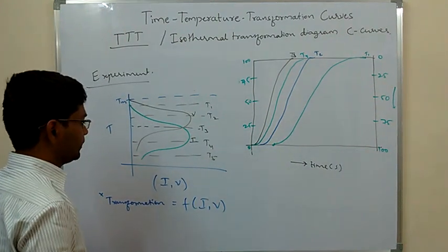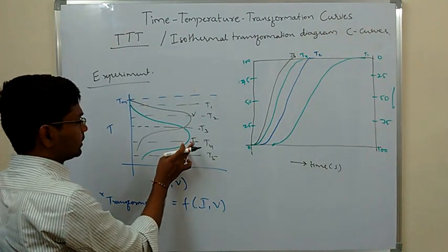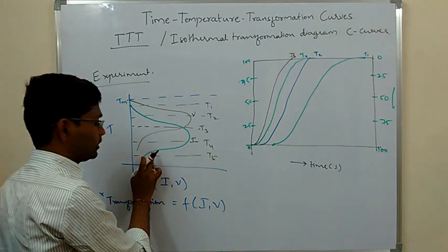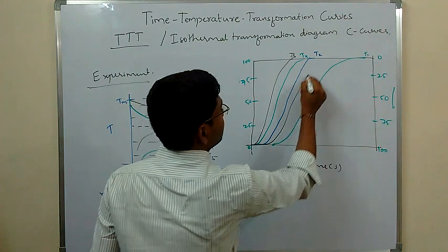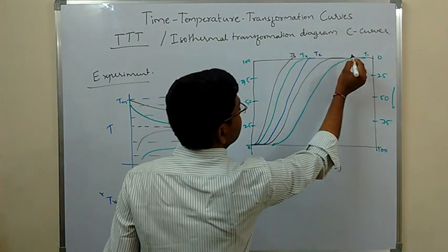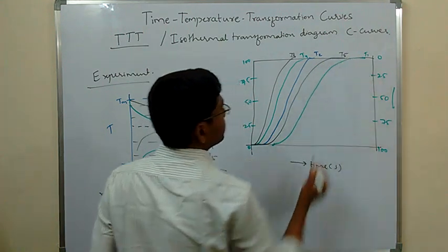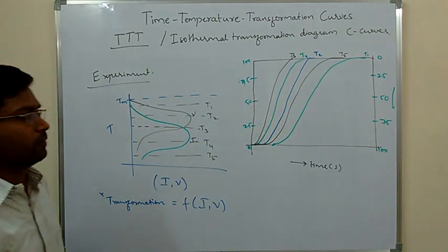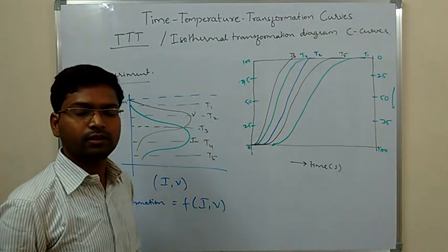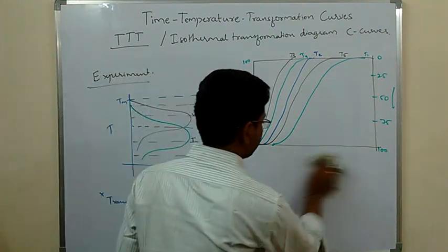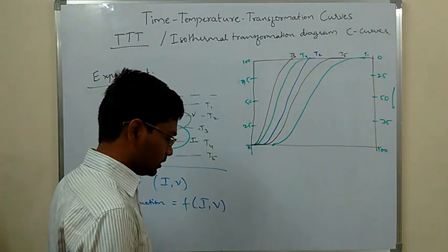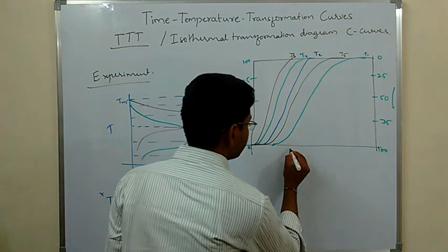Same thing at T5, both the nucleation rate and the growth rate come down. So this is the T5 temperature. With these transformation curves, we can draw the TTT diagram. I will draw below this transformation curve. This is time.